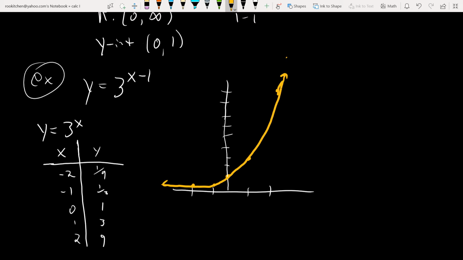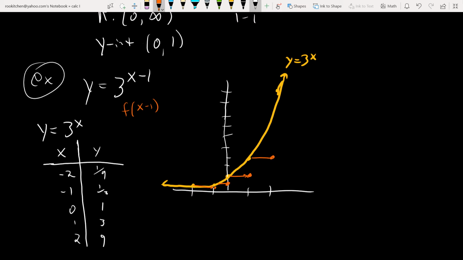Y equals 3 to the x. Our second graph, let's put that in red. We just shift it to the right by 1, right? So this is f of x minus 1. That means go right 1. So I take each one of these points and shift them over by 1, and then connect those dots.